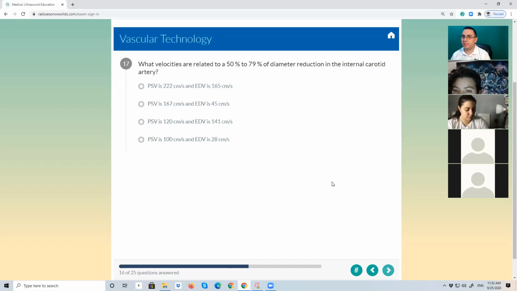Peak systolic velocity of 167 and end diastolic velocity of 45. Got it. Perfect. More than 125 in systole and less than 140 in diastole. That's the one. Remember, for this criteria, you have to use 60 degrees all the time. And it only works for the internal carotid artery. For the common carotid or for the external, it's not going to work.